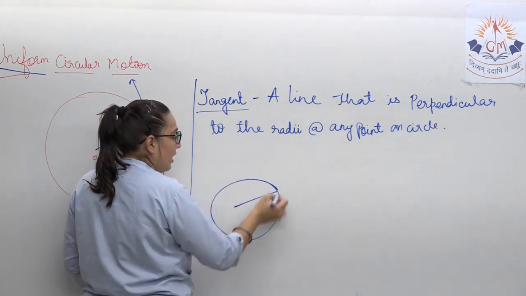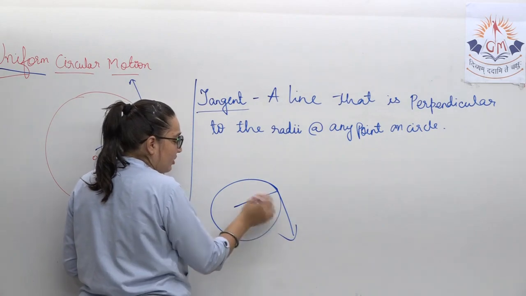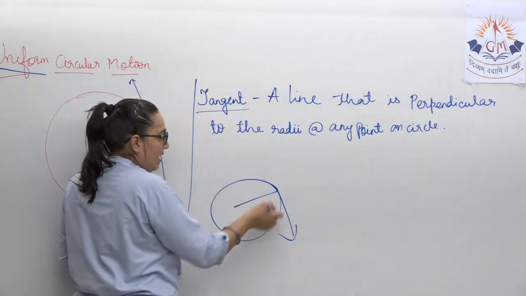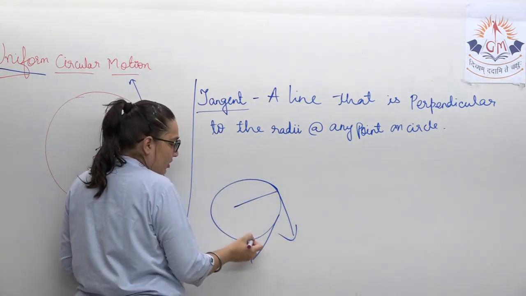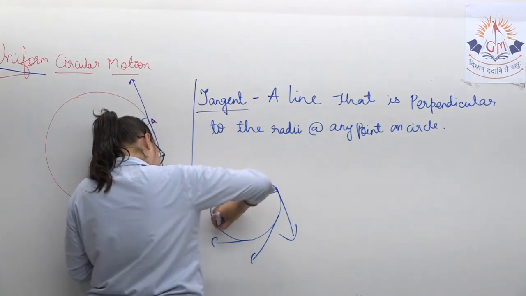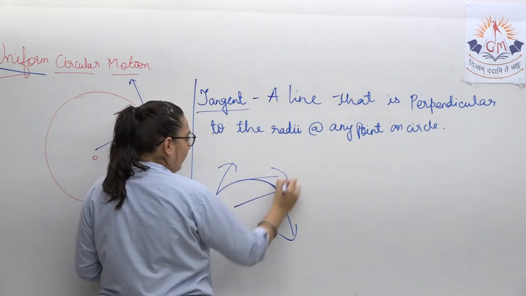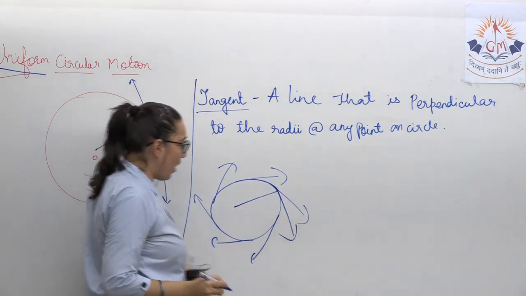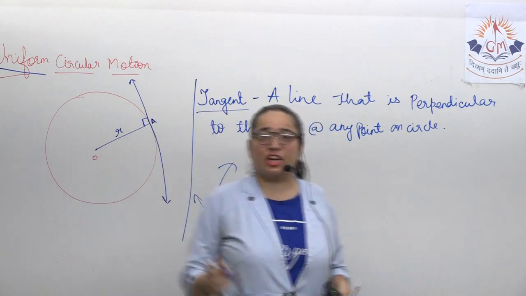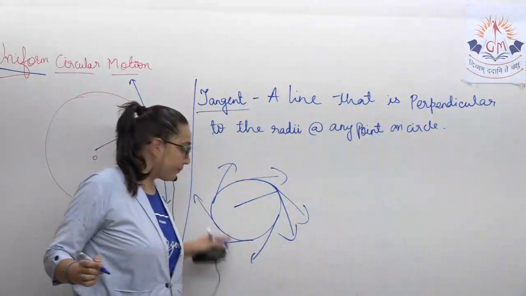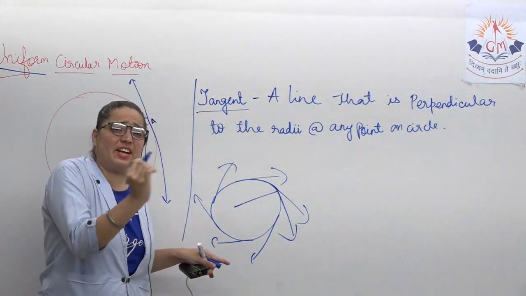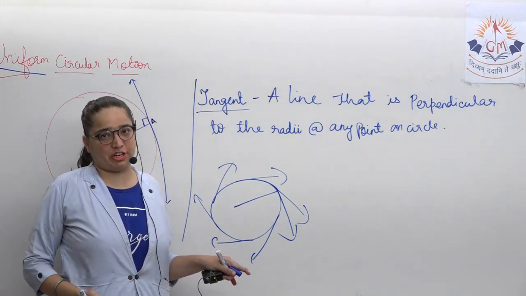If you are rotating it like this, it moves in this direction, then in this direction, and in this direction, and this is how its direction will change at each and every point. At each and every point the direction is changing.